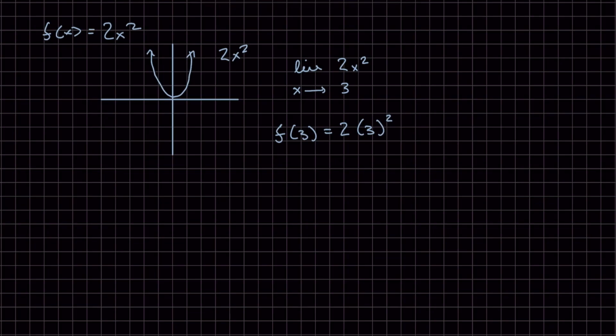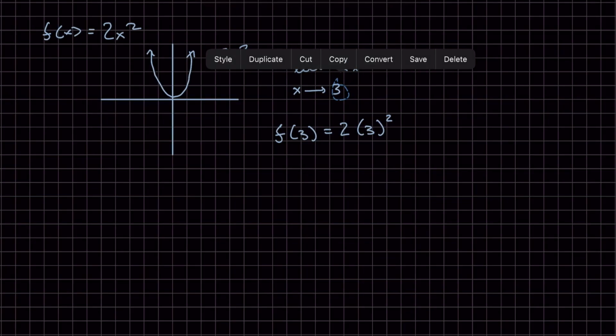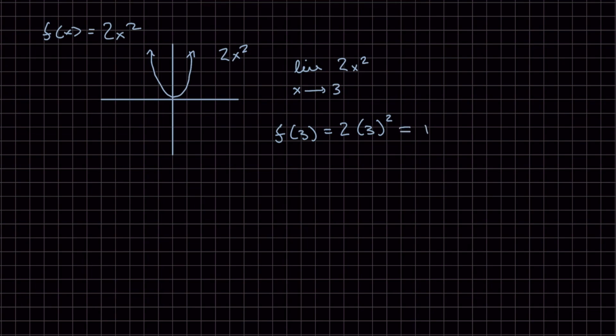That's just how you find a dependent variable, f of x, when you have an independent value, which is 3 in this case. It's the value for the independent variable x. So we have this, right? And this is, of course, equal to 18, right? 3 squared is 9, times 2 is 18. And so what is the limit as x approaches 3? Well, in this case, it's 18.